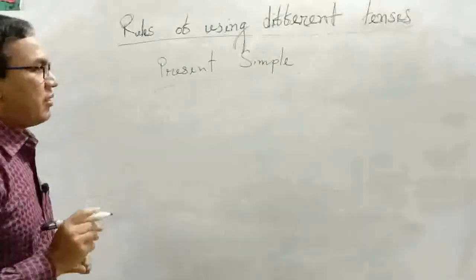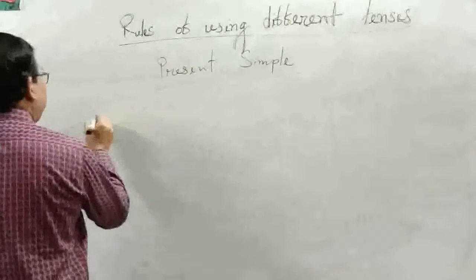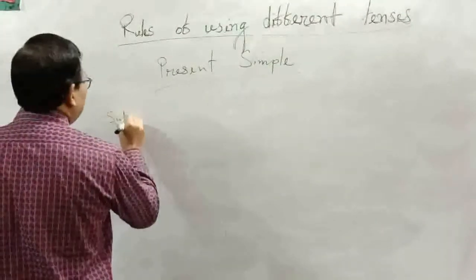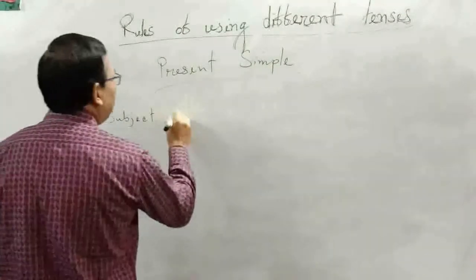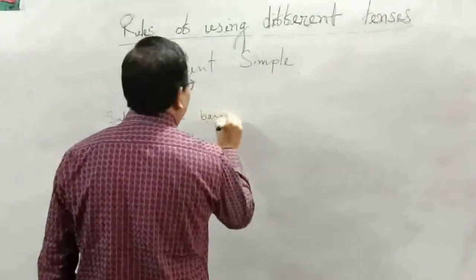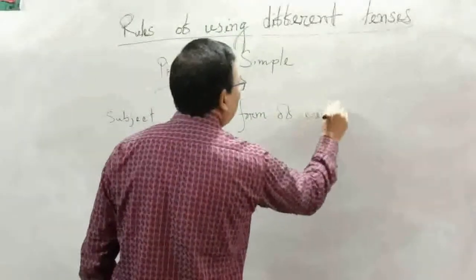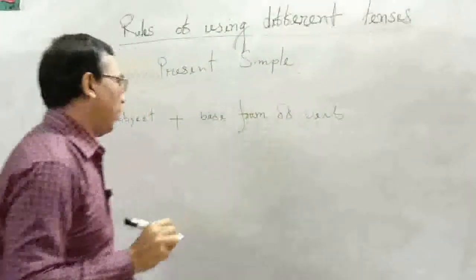If the subject is other than third person singular number, then the structure is subject plus base form of verb, or the first form of the verb.